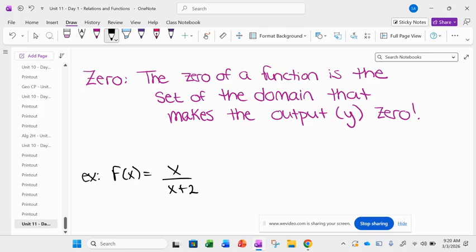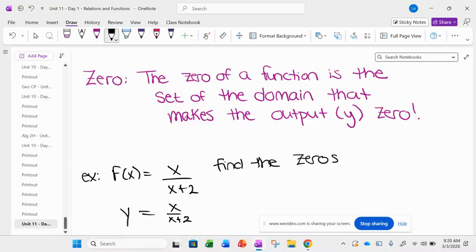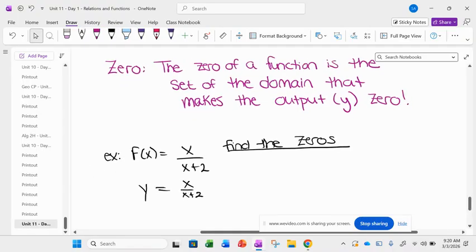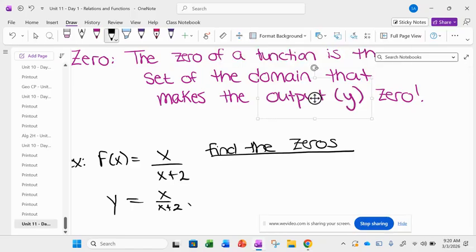So I can always write this as y equals x over x plus 2. And I want us to find the zeros. So now for me to find the zeros, I need my output, which is y, to be 0. So what am I going to do? I'm going to set my function x over x plus 2 equal to 0.